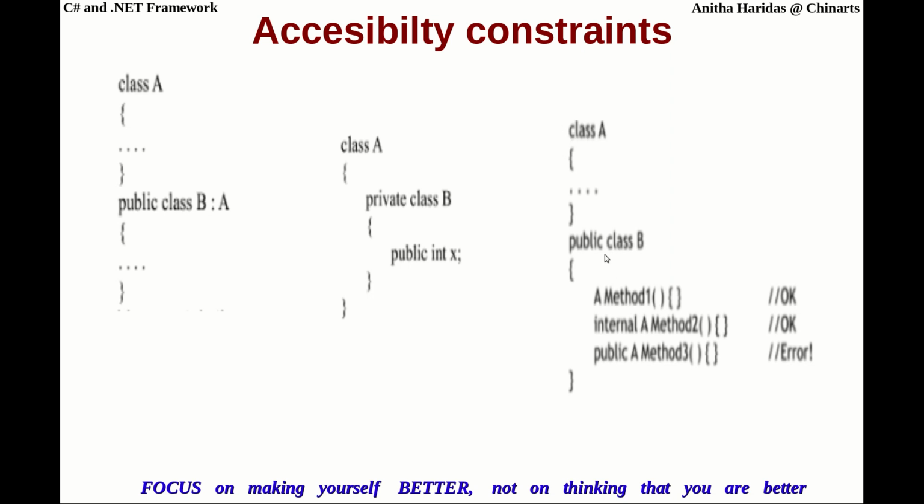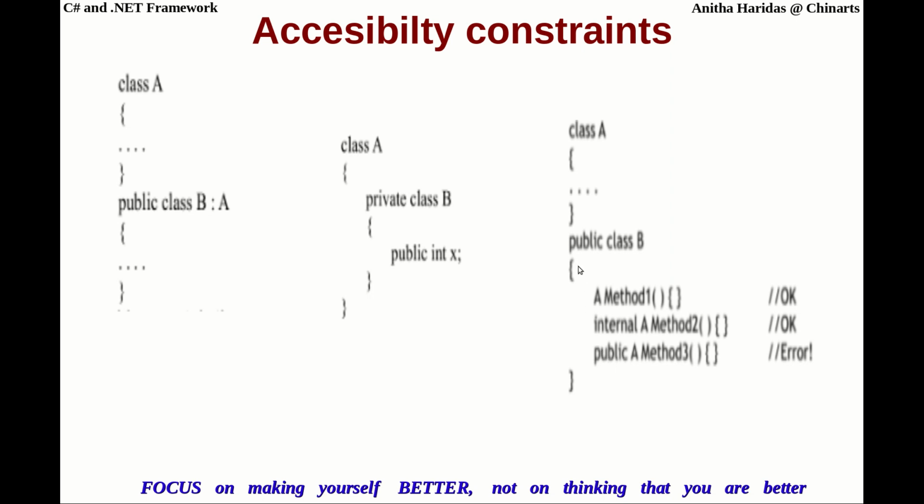So what happens here: when the return type is A, and the method is private, this is allowed. And when the return type is A and the method's access modifier is internal, this is also allowed. But here the return data type is A, but the access modifier we have given is public. This is not allowed.